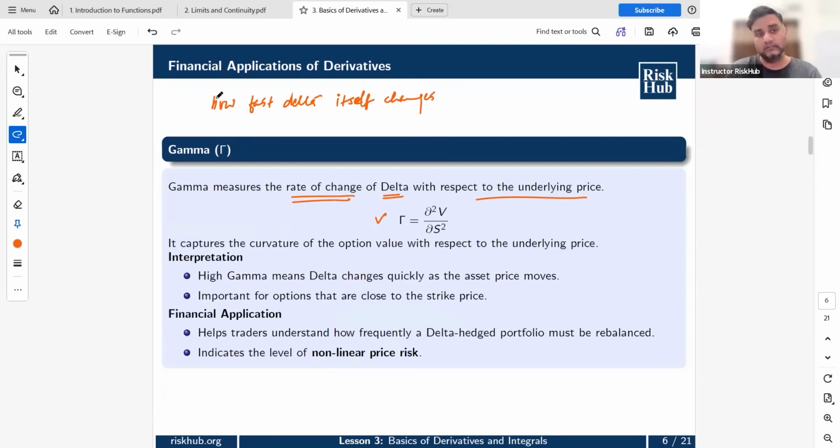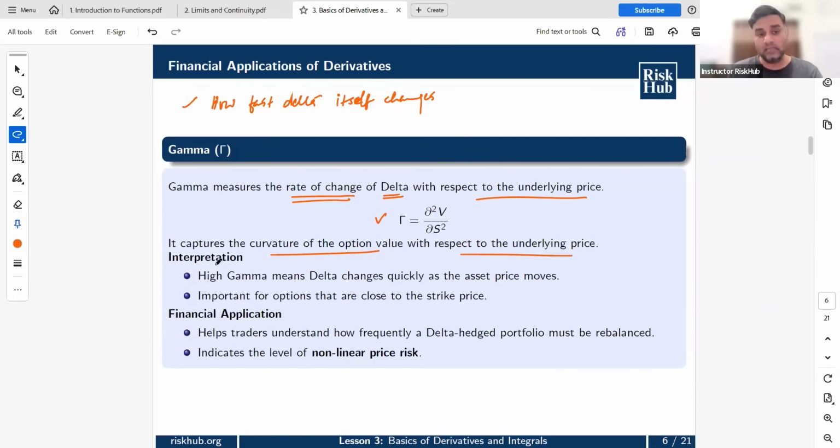So it captures the curvature of the option value with respect to the underlying price. We understand very clearly that it's a second order sensitivity. Second order sensitivity basically captures the convexity, the curvature, which we have studied in the functions also.